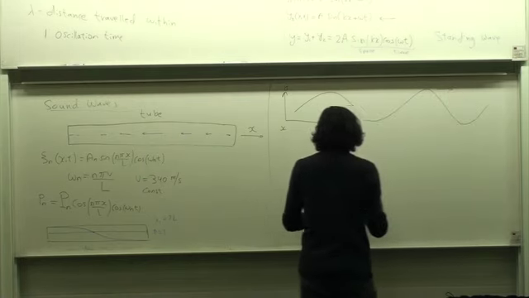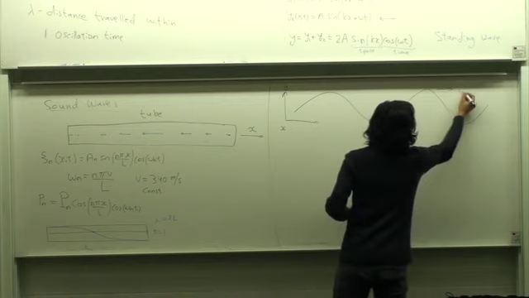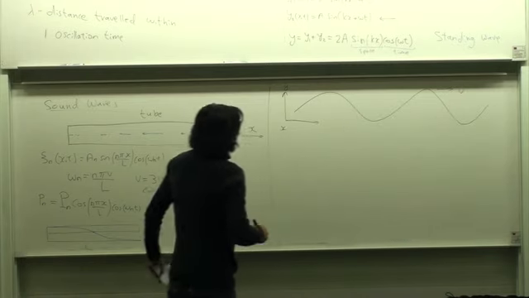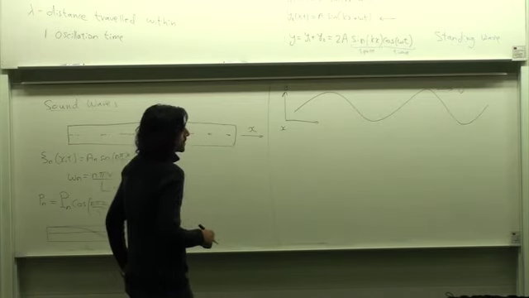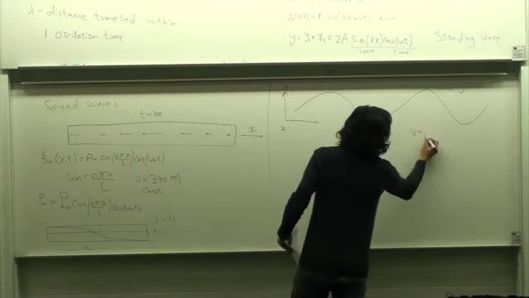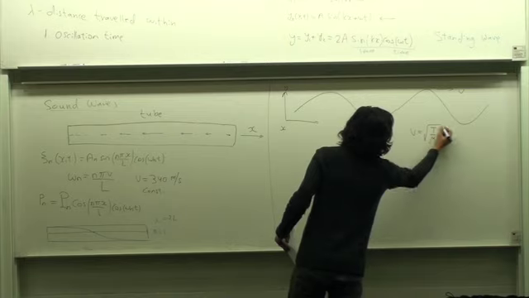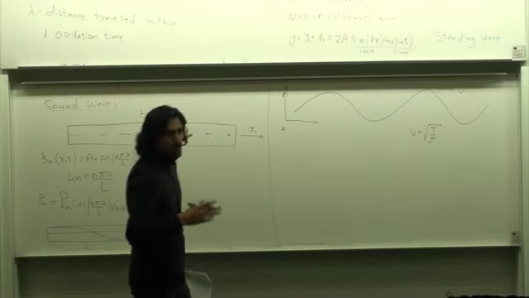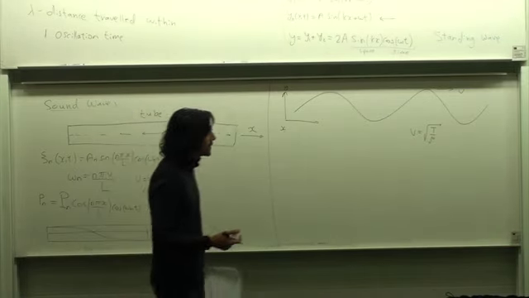This is traveling with velocity v. Now remember, v is the square root of T over mu, and T here is the tension, mu is the mass per unit length.